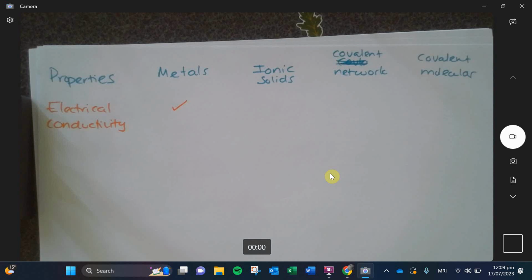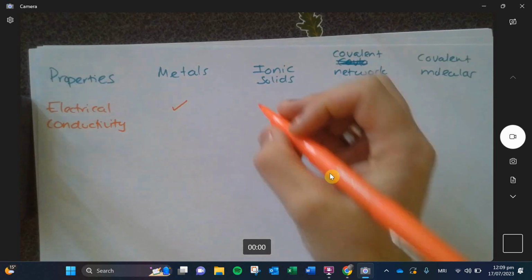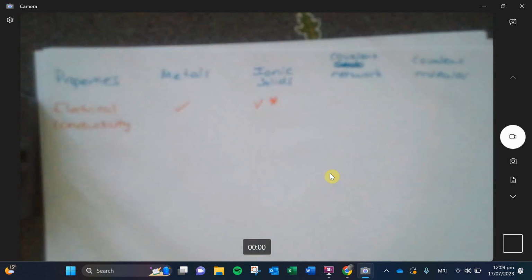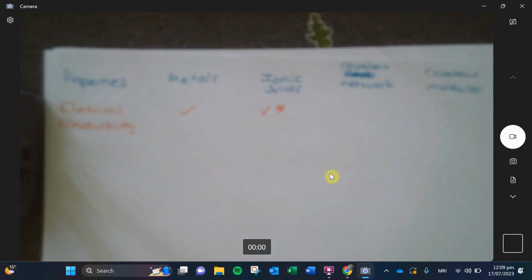Ionic solids, do they conduct electricity? Yes, no, yeah, you guys are getting confused. So it's a yes, but a little asterisk next to it. I like to call it an asterisk.